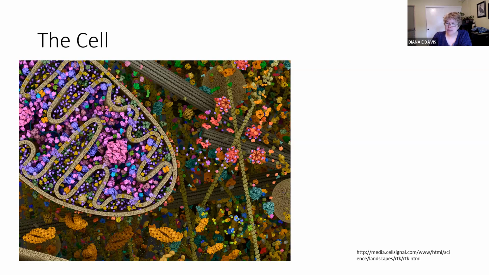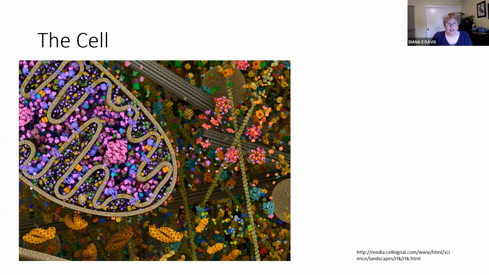I'm seeing lots of people saying they haven't seen this. Great. When we talk about the cell, we'll talk about mitochondria, and we'll talk about vacuoles, and we'll talk about the cytoskeleton. And most of the images are going to be very simplistic drawings of a cell. This is an actual image of a cell.